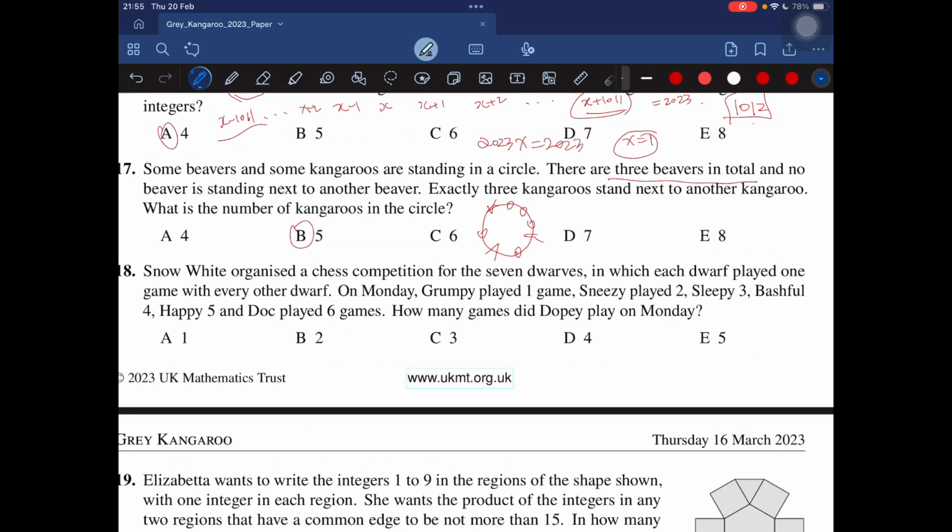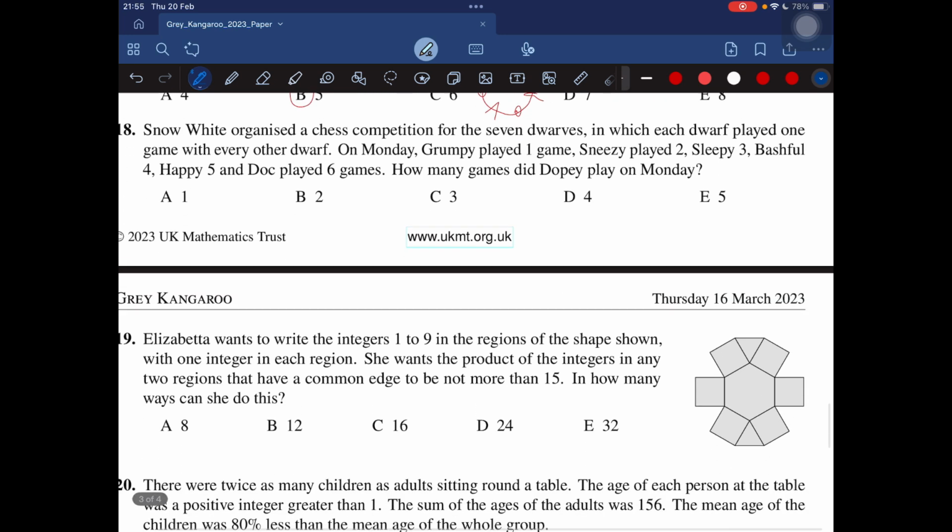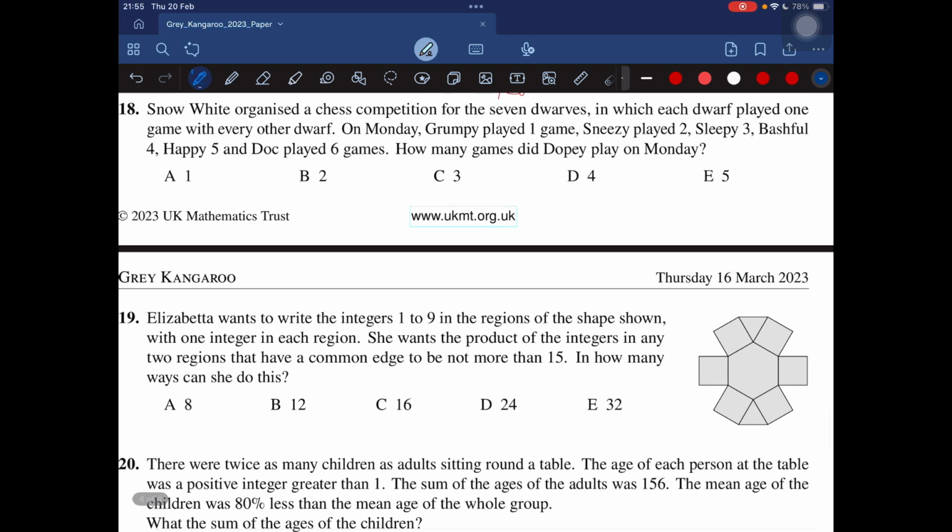Number 18. Snow White organized a chess competition. On Monday, they played 1, 2, 3, 4, 5, 6 games, and the last dwarf, Dopey, how many games? Okay, so let's say Grumpy played 1 game with Sneezy, and Sneezy has 1 more game with Sleepy, and Sleepy has 2 more games.